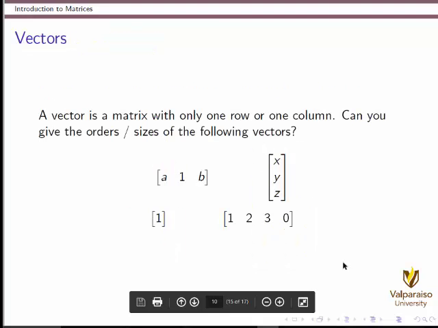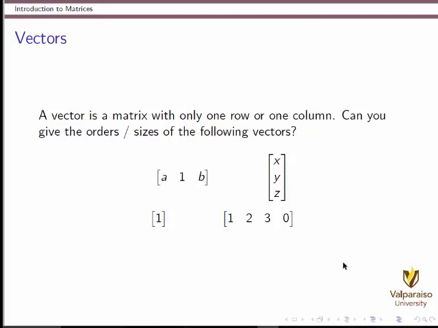And finally, vectors. Vectors are just matrices. They're matrices that happen to have only one row or one column. So each of these is a vector. It's either got only a single row or a single column, and we can therefore describe their sizes as a vector or as a matrix. The first one, the A1b, looks to me like one row but three columns, and so it's a 1 by 3 matrix.